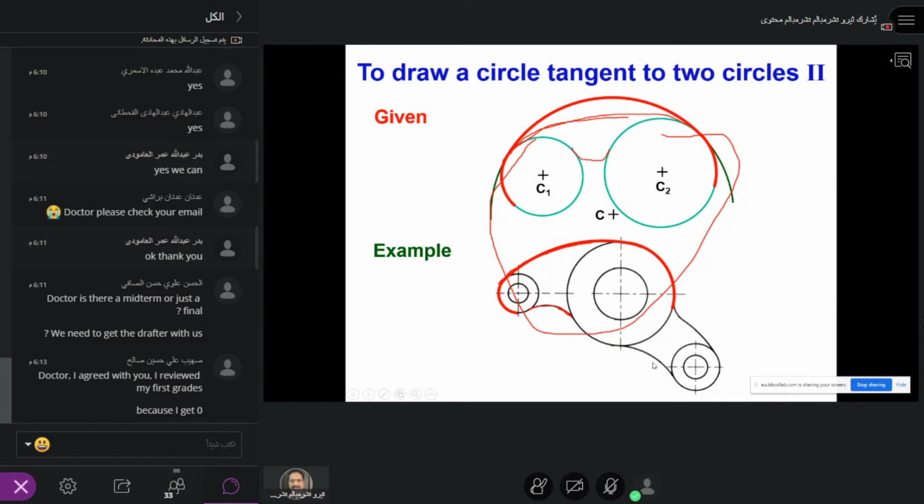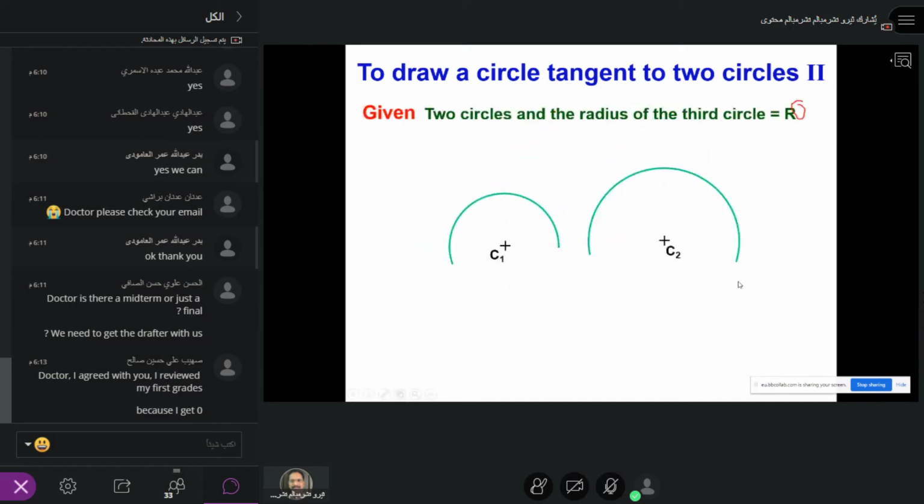The other one is like this. So you have to identify how to draw this. This one we already found how to draw, and the second point is how to draw the tangent for the two circles inside another circle. This is what we have just now seen.